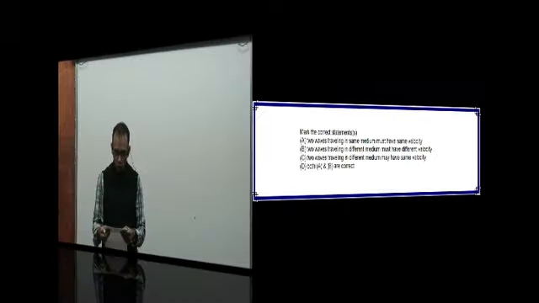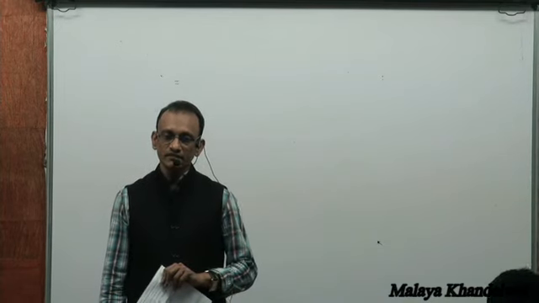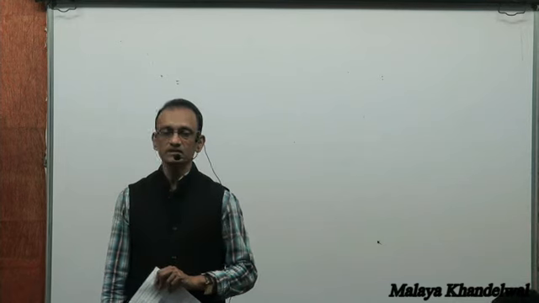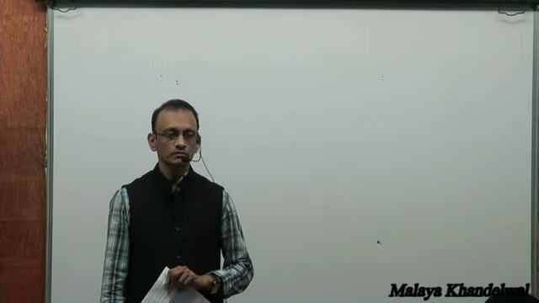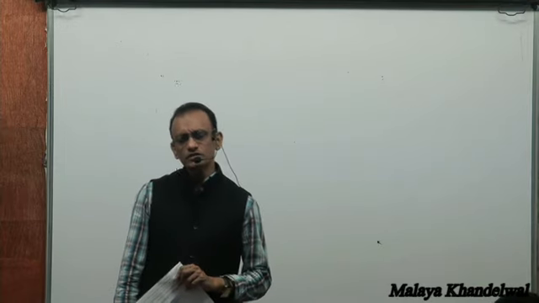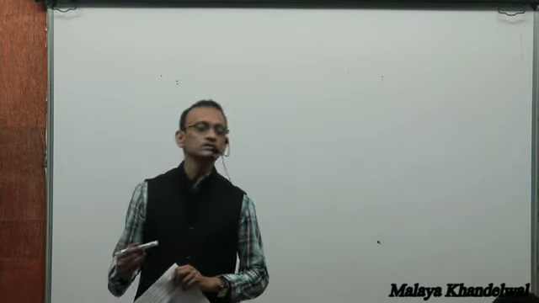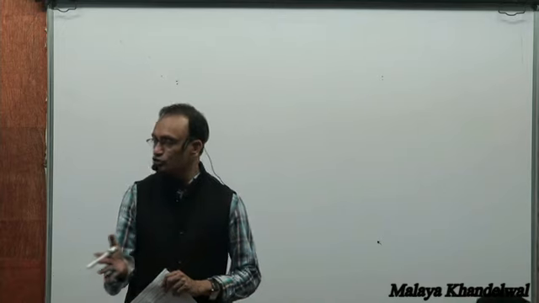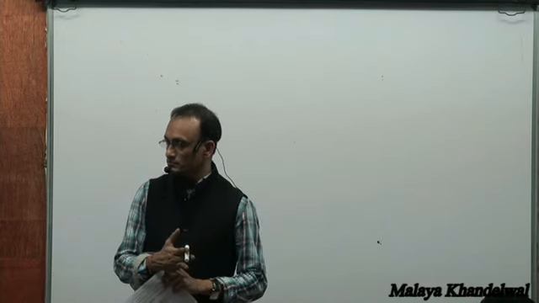Two waves traveling in the same medium must have the same velocity. No. They could be waves of different kinds. Say in a solid medium, for example, I could have had a transverse wave traveling through that medium. I could have had a longitudinal wave traveling through that medium, right?